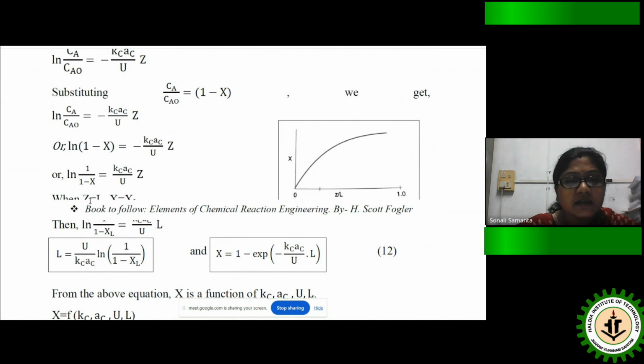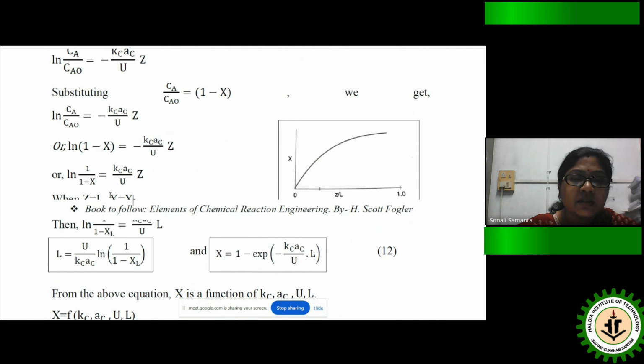Now at Z equals L, X equals XL. Here one mistake is made, so just ignore it and listen to what I'm saying. When Z equals L, X equals XL.